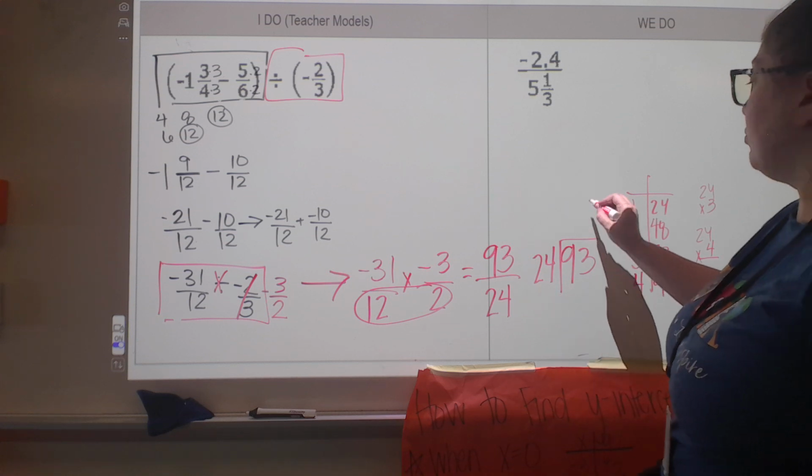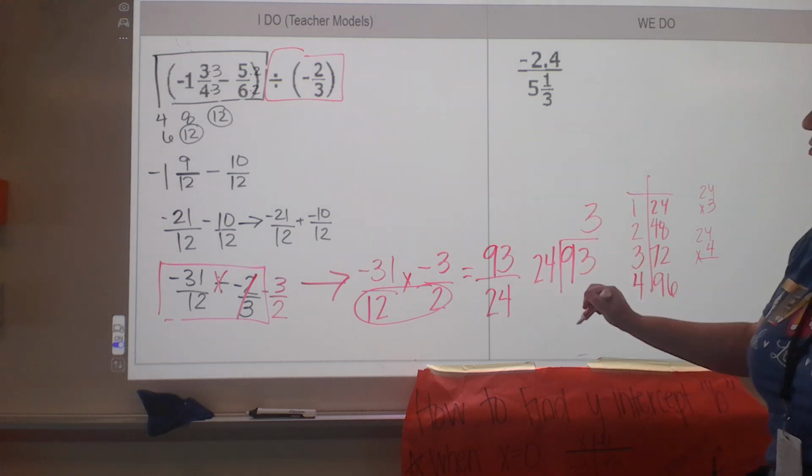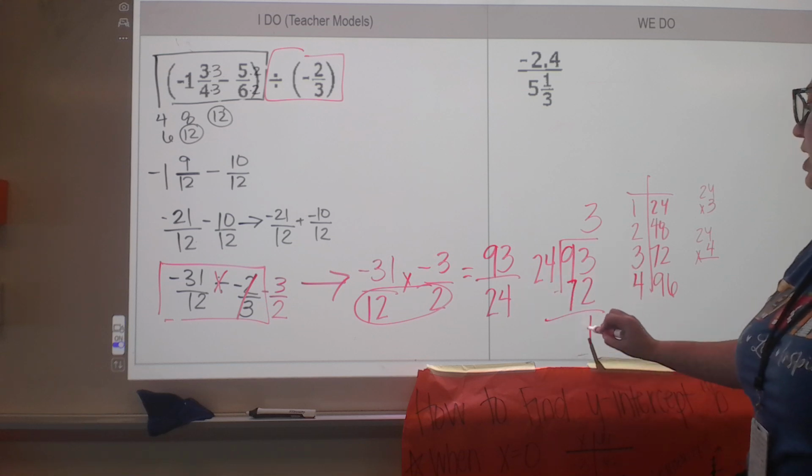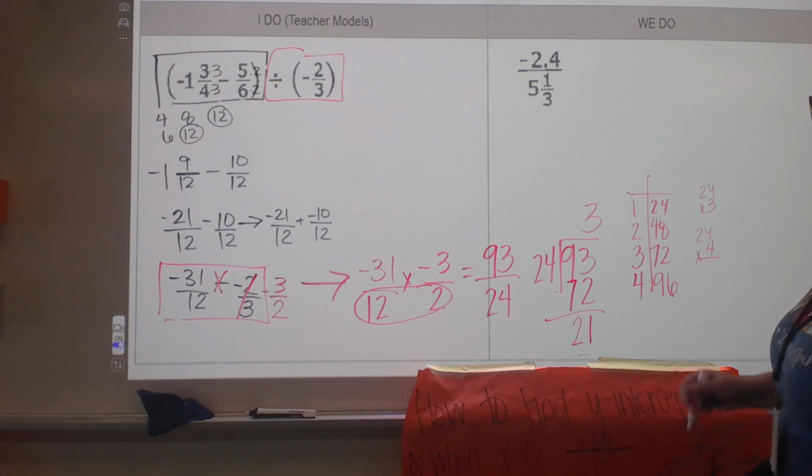Okay, so I can go in 3 times. 3 times 24 is 72. Subtract. 93 minus 72 is 21.